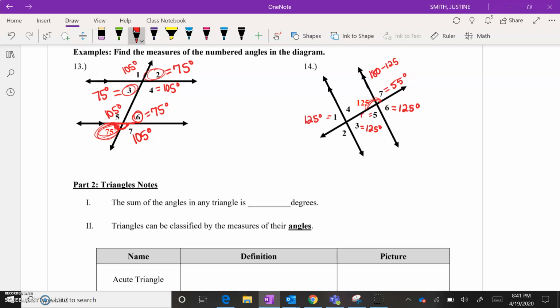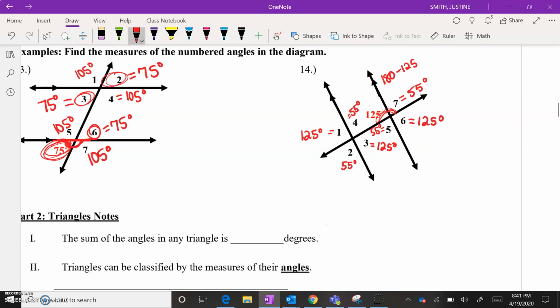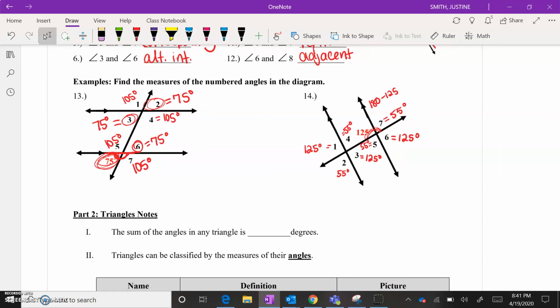So angle 5 is 55 degrees. Angle 7 and angle 4 are corresponding. So angle 4 is 55 degrees. Angle 4 and angle 2 are vertical. So angle 2 is 55 degrees. And again, you could have used different reasoning there with all of those different types of angles.